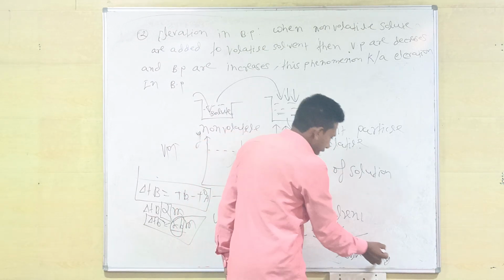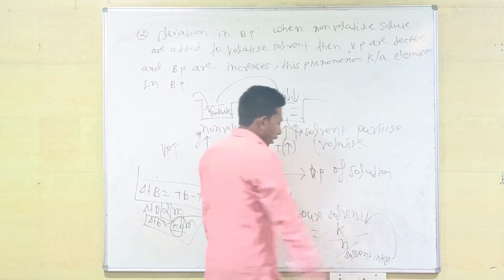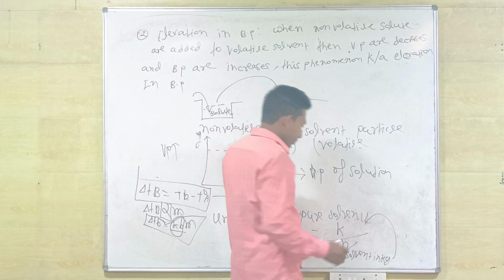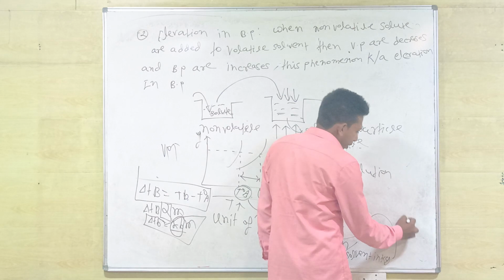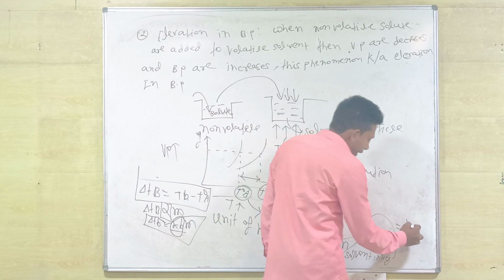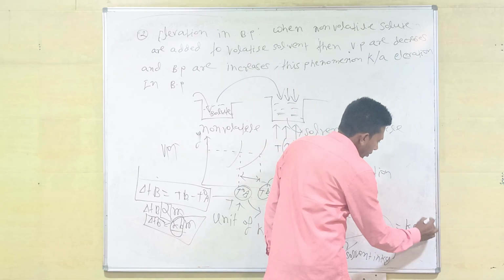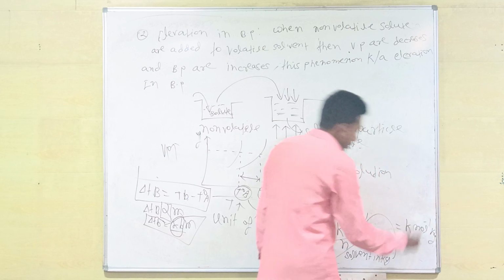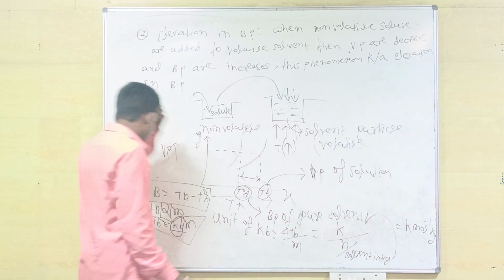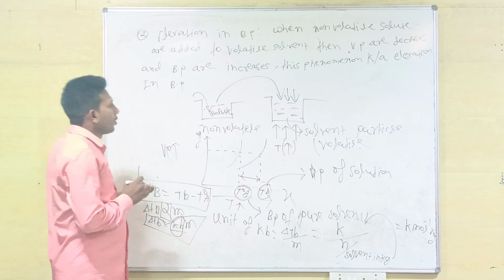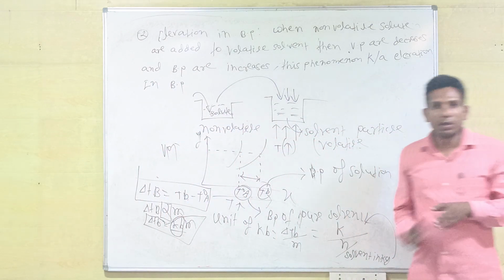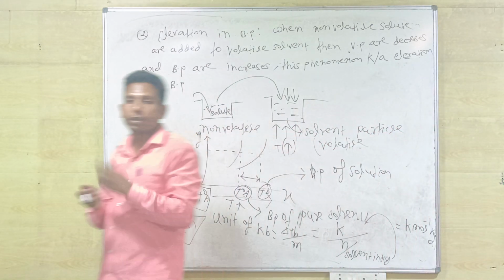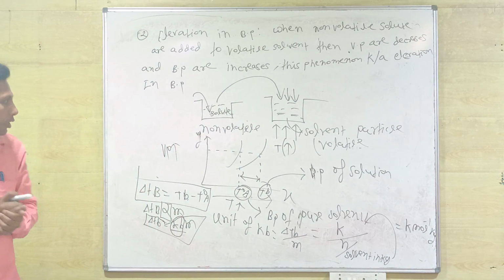So this kg will go upward, as in the numerator, and finally we get the unit Kelvin kg per mole. This is the second colligative property of solution.